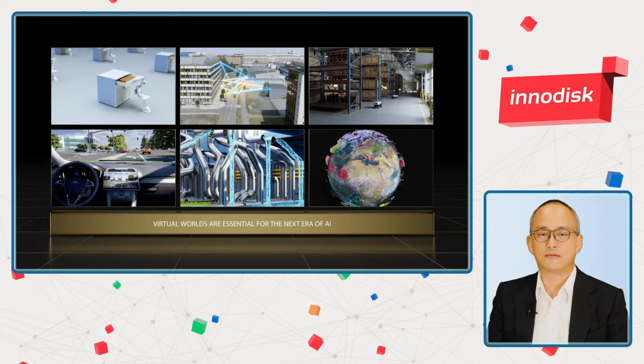And automotive companies train their autonomous vehicles, self-driving cars, in a virtualized city 1,000 times, 10,000 times, and a billion times before they bring them out to the real-world road to avoid accidents. There are so many examples of industrial digital twins, and there are more coming.